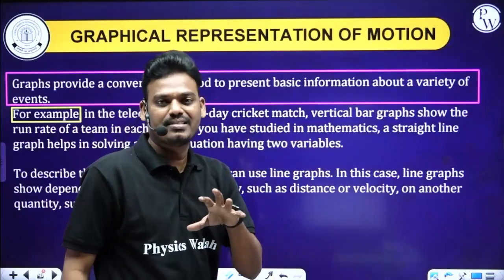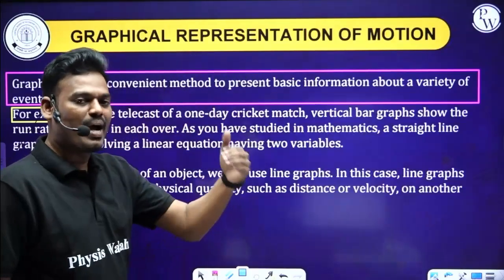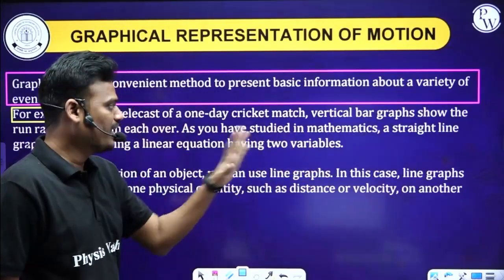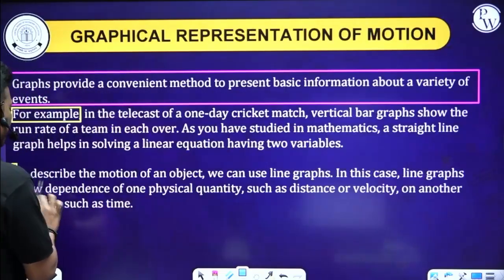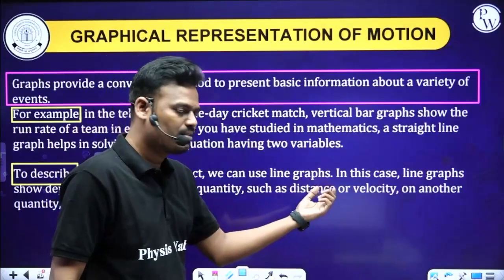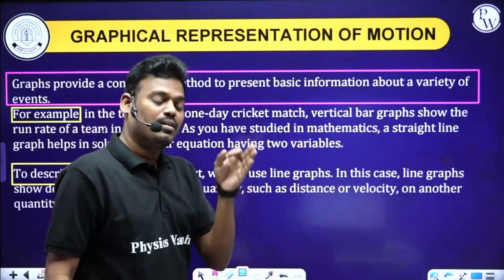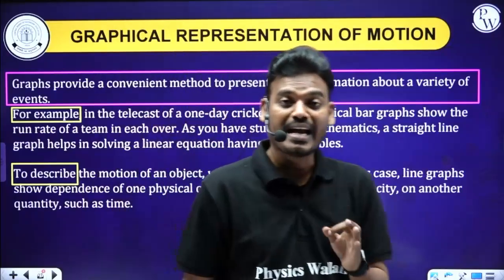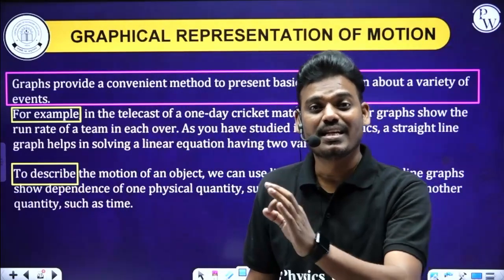Variables in our mathematics are generally considered as x and y. And three variables means x, y, z. Okay. So linear equation. Already you know that. Now, next one: to describe the motion of an object, we can use line graphs. Maybe it is a straight line or else a curve. But we have to use straight lines only because our topic is motion in a straight line.